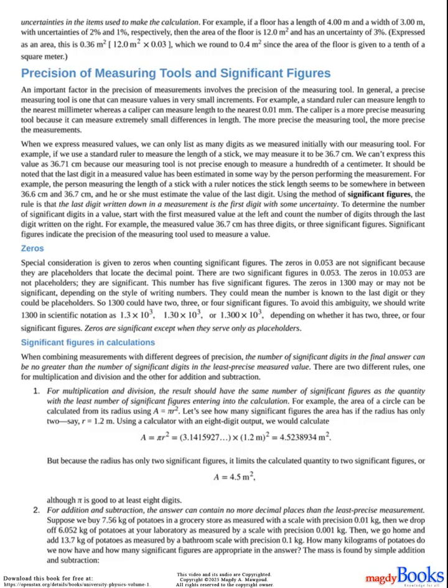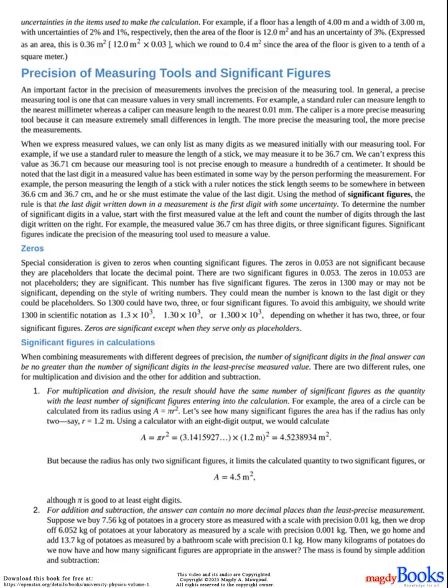For example, the area of a circle can be calculated from its radius using A equals pi r squared. Let's see how many significant figures the area has if the radius has only 2, say, r equals 1.2 meter.